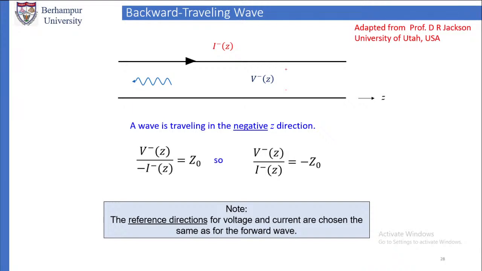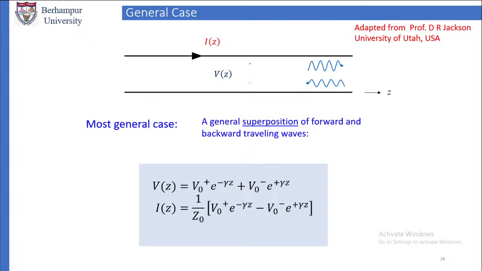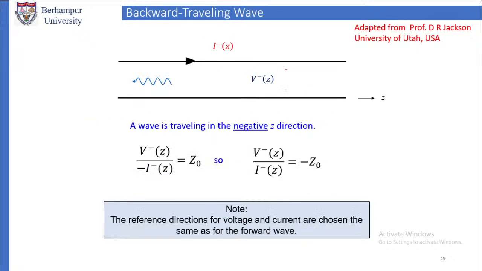Now V minus by I minus, if you write that way you can say V minus by I minus is equal to minus Z0. Now the reference direction for voltage and current are to be chosen same as for the forward wave. Otherwise, there will be problem.